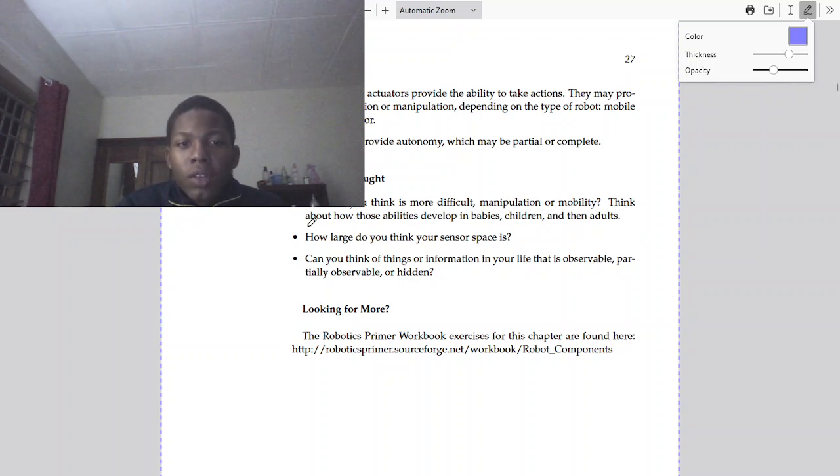So, how large do you think my sense of space is? What does it mean, large? I'm not sure actually. How large do you think your sense of space is?